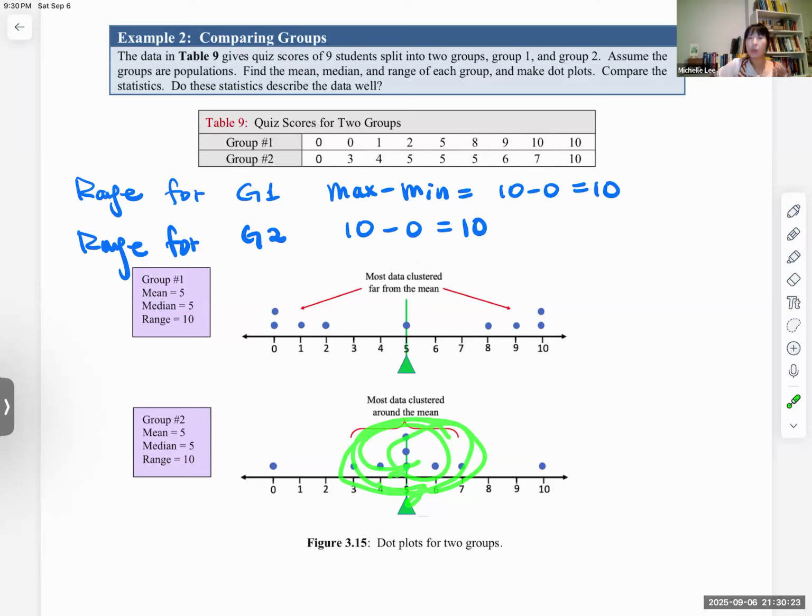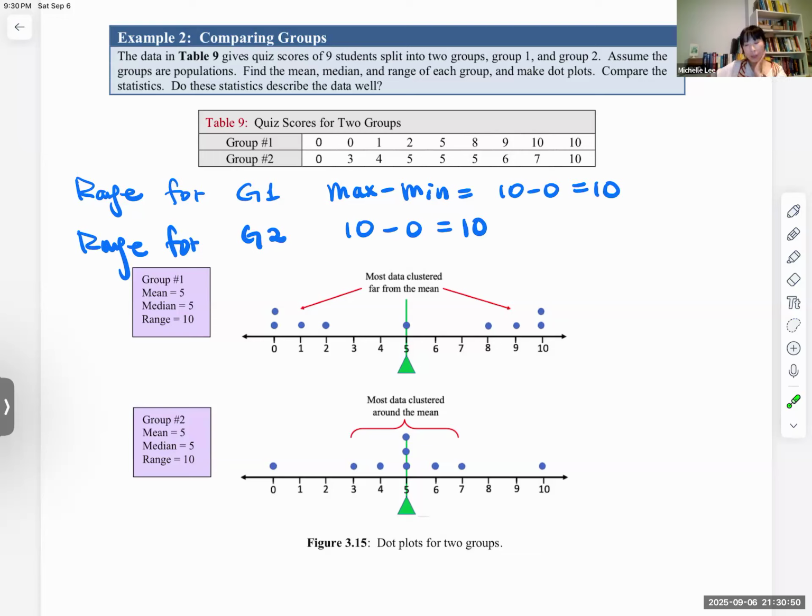So we can say that range is not good for checking the spread out, especially from the mean. Then we want to know about the exact data set, how much spread out.